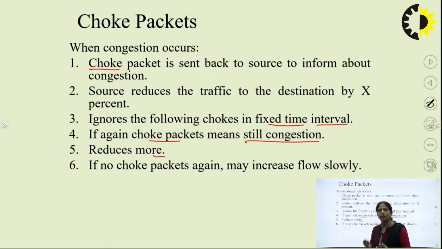What reduces more? The rate at which it is transmitting the packets. If there are no choke packets again, that means congestion has been controlled and now it may increase its rate of transmission slowly.